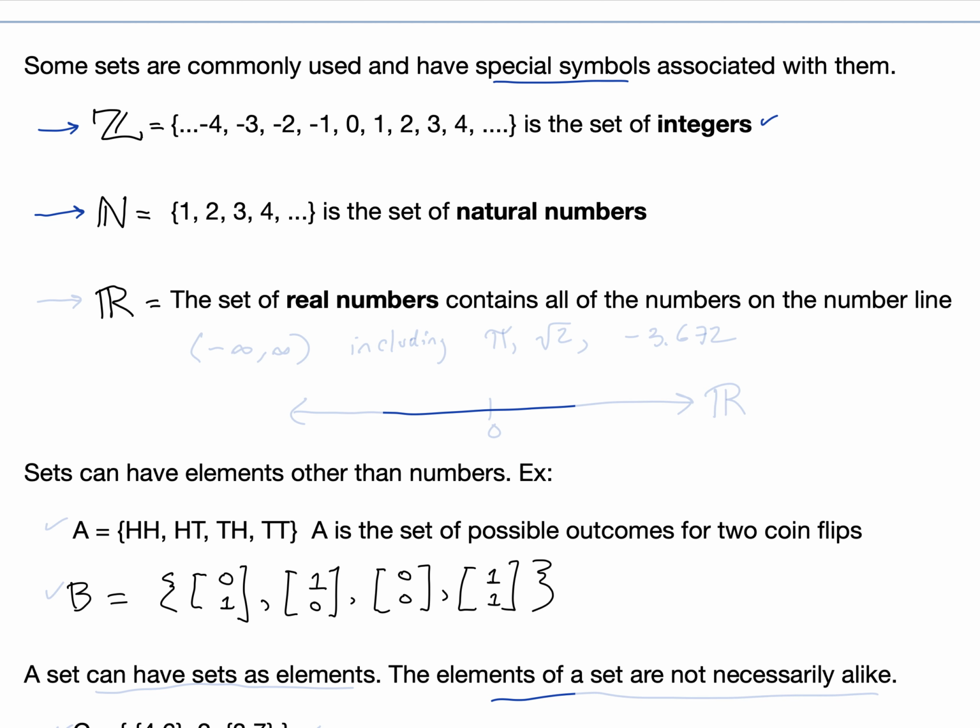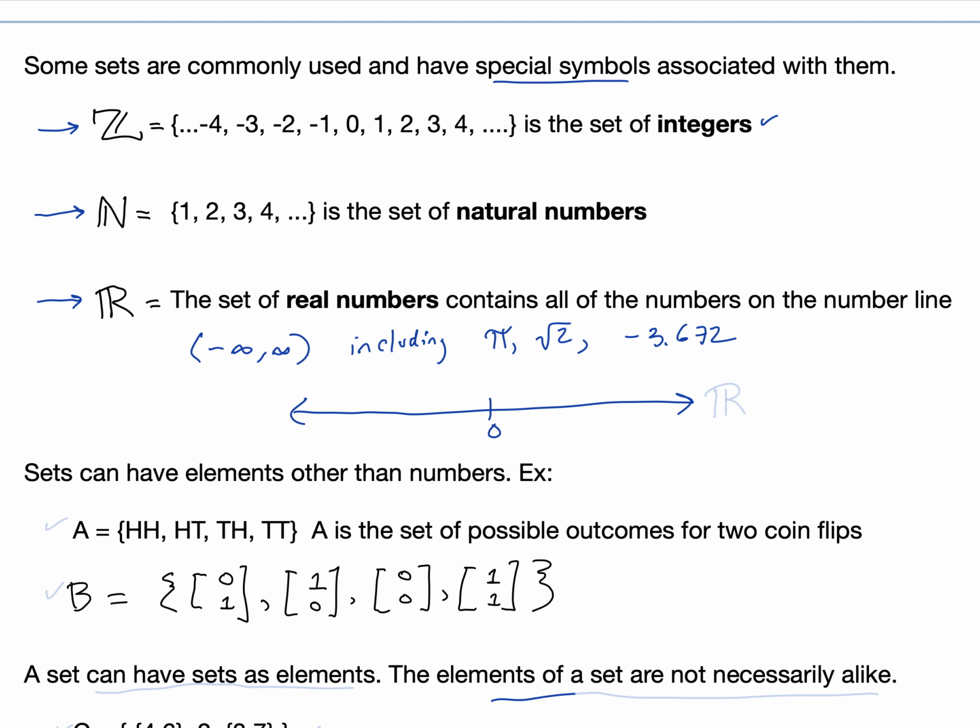Similarly, the set R of real numbers contains all numbers on the number line. It is all the numbers from negative infinity to positive infinity, including rational and irrational numbers like pi and square root of 2 and negative 3.672 and whatever else you can think of on the real number line, but not imaginary numbers, so not square root of negative 1.